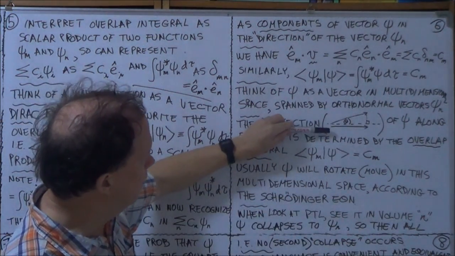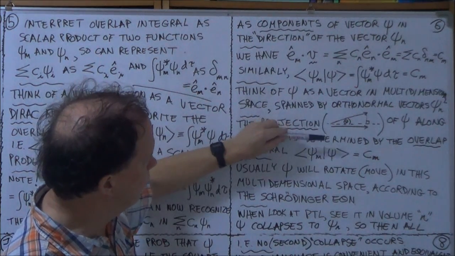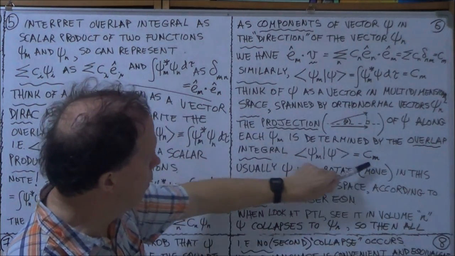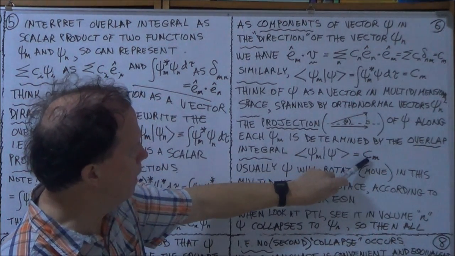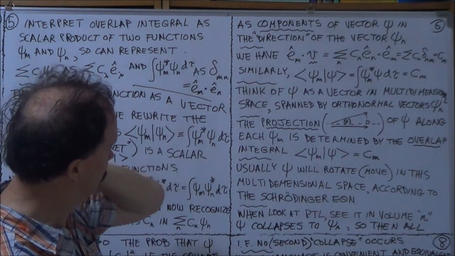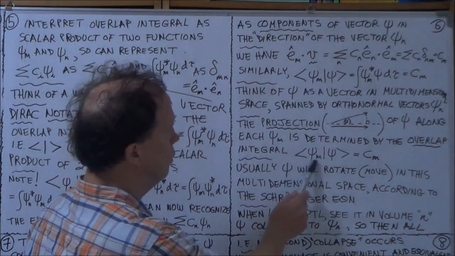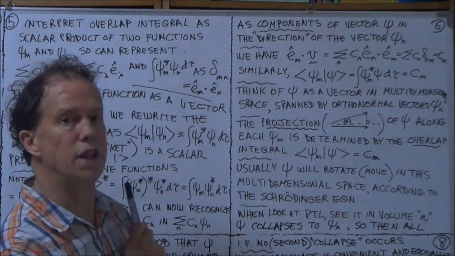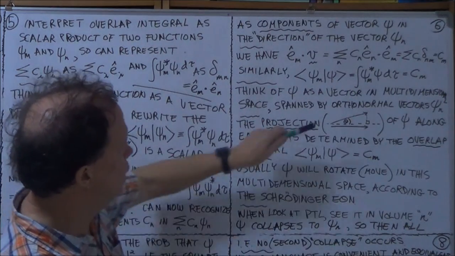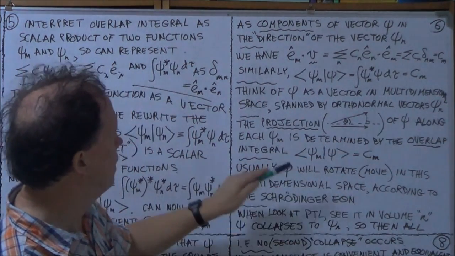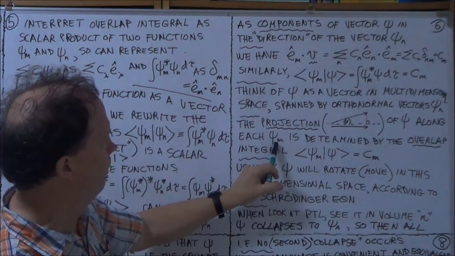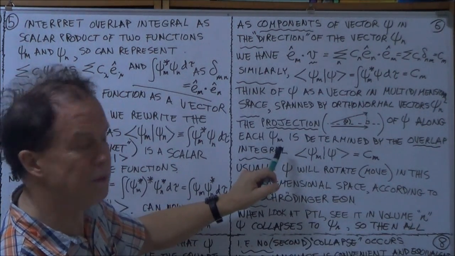So how much of psi m do you have? Well, its component will be Cm. So you can think of brackets as being useful for projecting. You're projecting your psi in the direction of psi m. That's probably the essence of it.